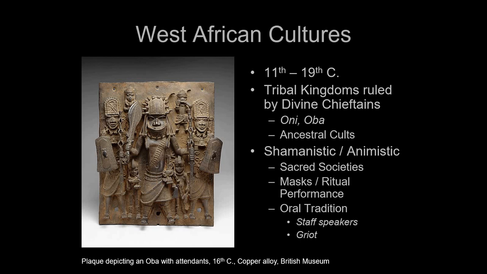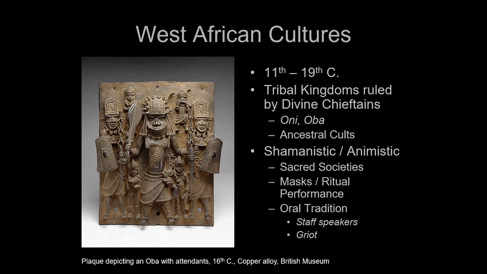And we also have a strong ancestral cult. Worship of ancestors was a very common feature. Your ancestors would die, you would venerate your ancestors, and they were believed to grant favors to you in this life. Religion tended to be shamanistic and animistic. Animistic is this belief that everything in the universe has some kind of god or spirit that attends to it, and you needed a shaman to divine the will of the spirits in order to have a good harvest, success in battle, success in life, all of these things.